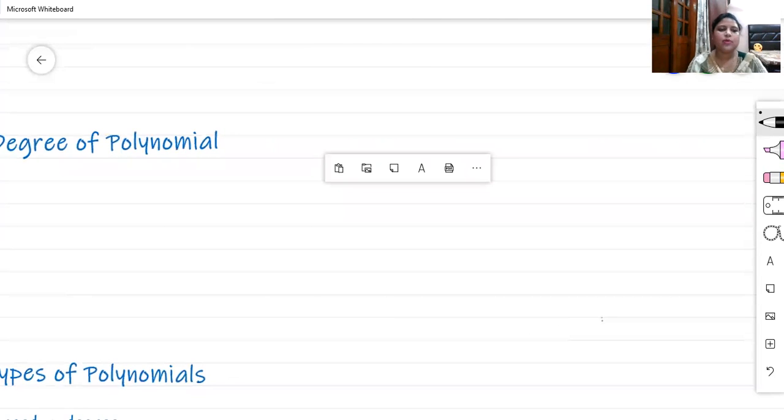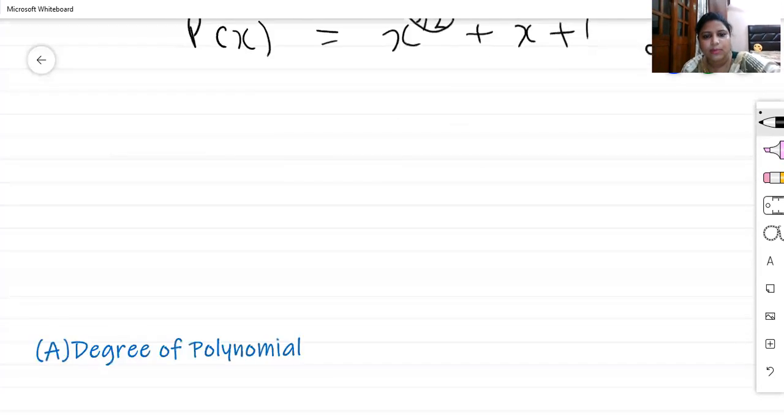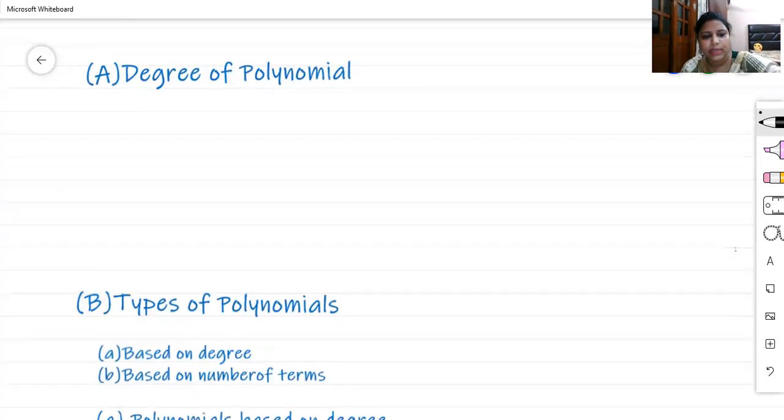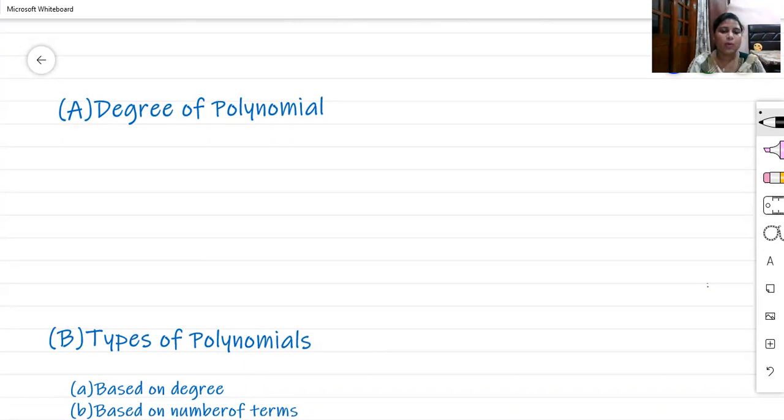So types of polynomial. We can classify the polynomial on the basis of degree and on the basis of number of terms. First, what is the degree of the polynomial? The highest power of the variable is called the degree of the polynomial.